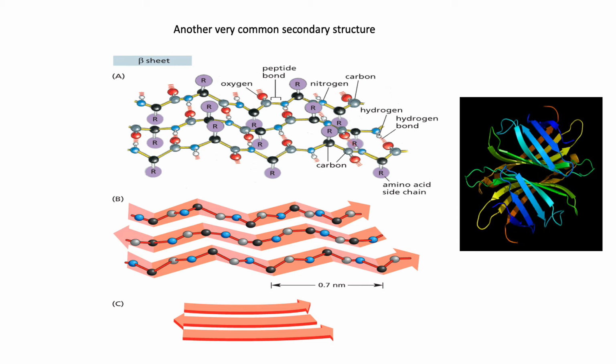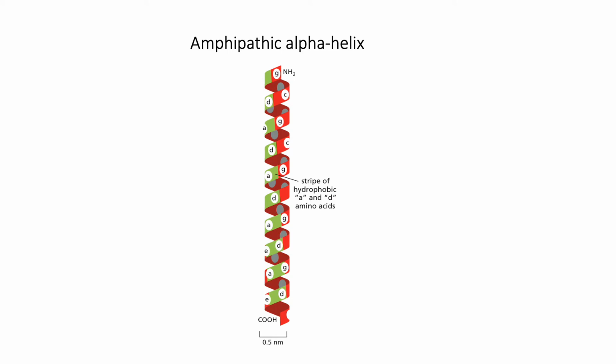Now, I want to go back and talk a little bit more about the alpha helix, because there's a very particular type of alpha helix which is also very important and something that's important to know about. So this is a structure called an amphipathic alpha helix. You can see the right-handed helix, 3.6 amino acids per turn.